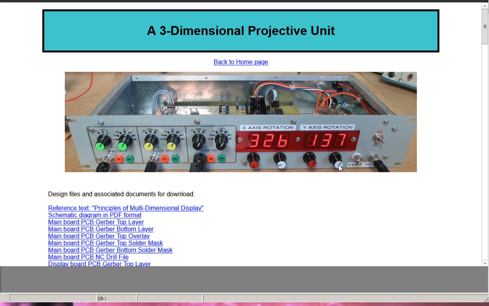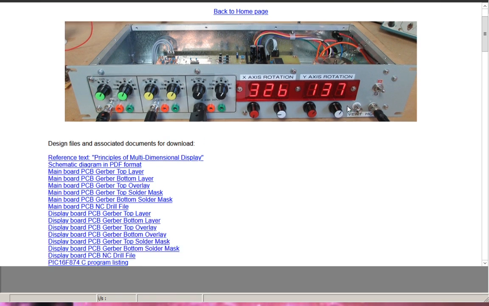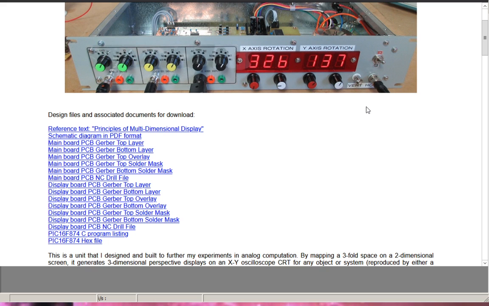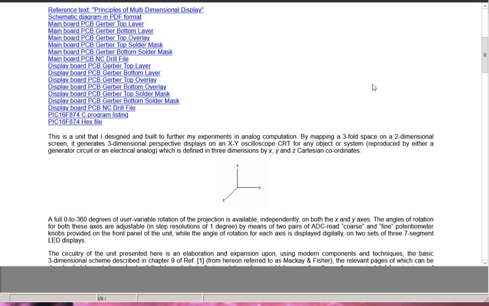Three-dimensional projective unit. I remember this a long time ago. By mapping a threefold space on a two-dimensional screen, it generates three-dimensional perspective displays.